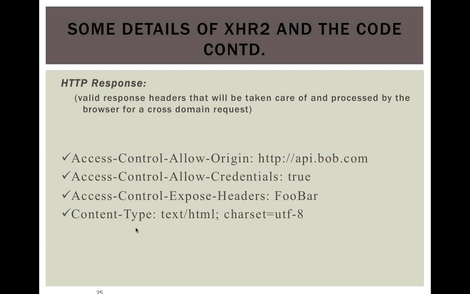And then there are other headers as well, like Access-Control-Allow-Credentials, which is the case when we would want to use cookies and authentication. And then we have Access-Control-Expose-Headers, for whatever part of the header we would want to expose. So these are the different features that will be implemented by an XHR2 response.